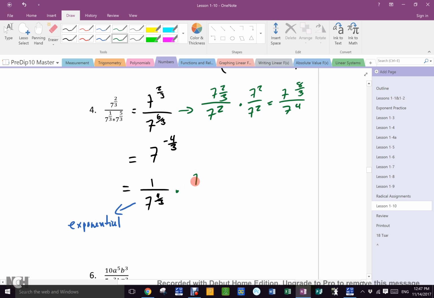If I multiply this by 7 to the 2/3 over 7 to the 2/3, I'm going to get 7 to the 2/3 over 7 to the 6/3, yes? Where does that take me back to? 7 to the 2/3 over 7 squared, which is already rationalized right there, isn't it? That's where I'm trying to go with this. When you get to there, you are rationalized.